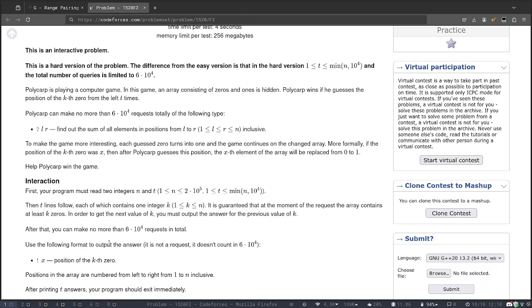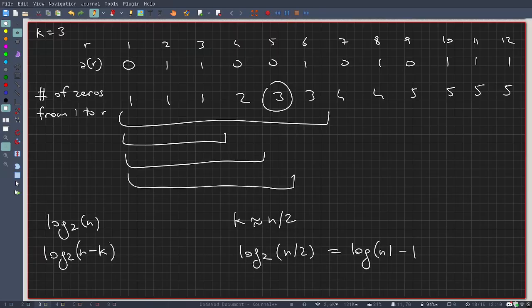Okay, but yeah, we should use the fact that the array does not change too much between queries. For example, if you know all the array in advance, how many other questions do you need? I don't understand. Okay, let's suppose the array is not hidden, right?